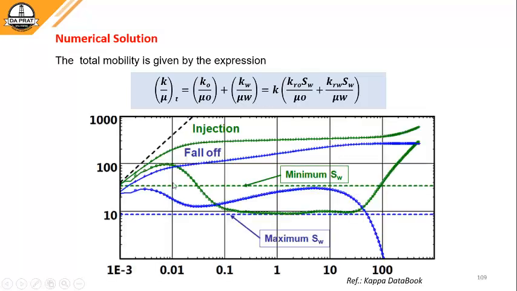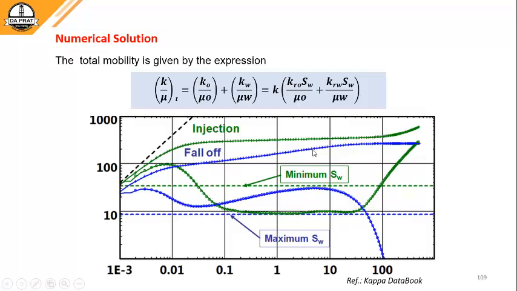So here is shown the response, or the signature, of transient pressure during an injection period, which is quite similar to a drawdown period. This means that here we're going to a limit, a volumetric type of limit, and over here in this part is the maximum water saturation.